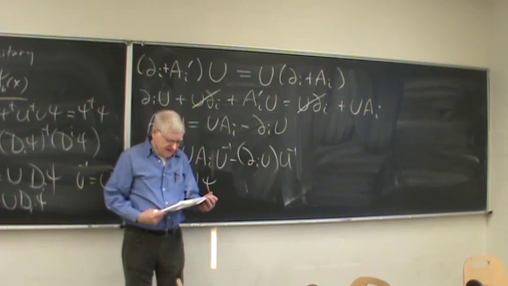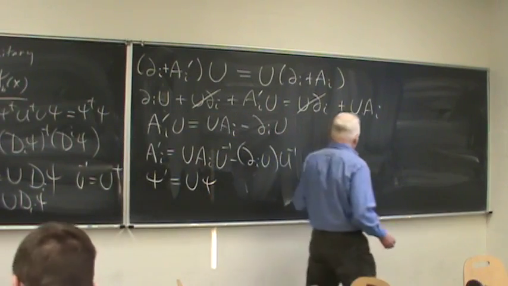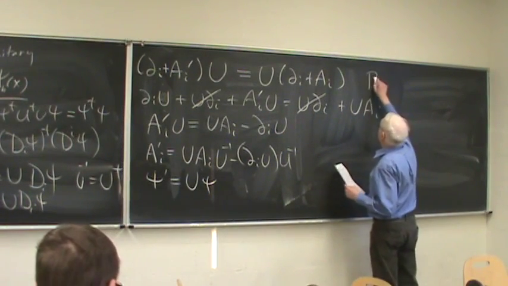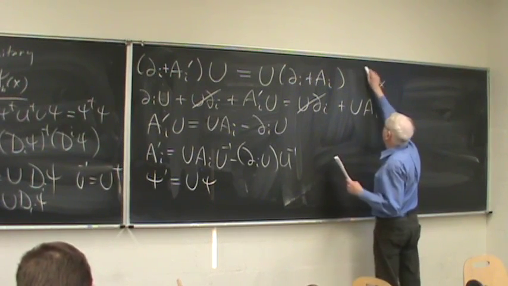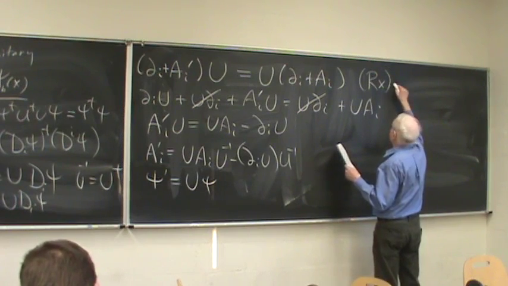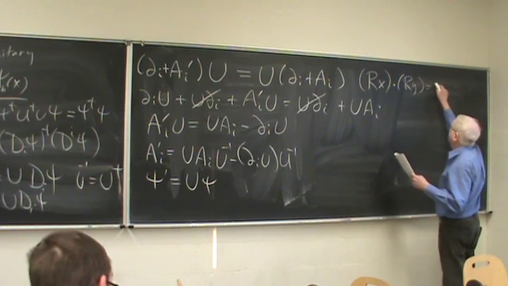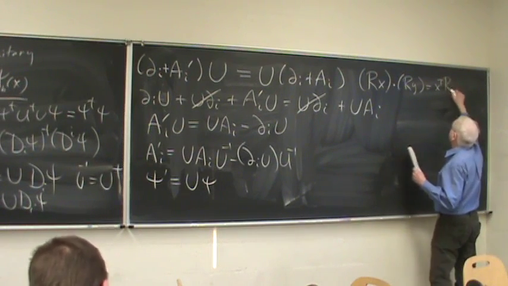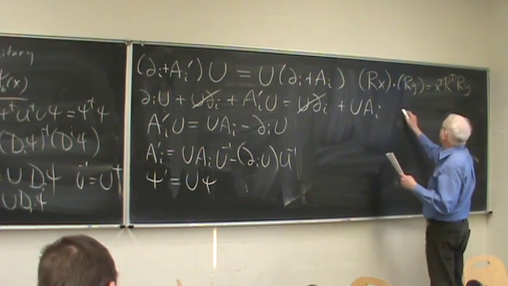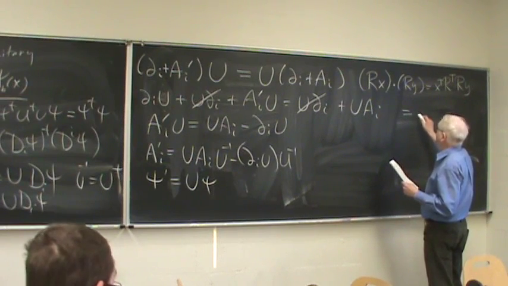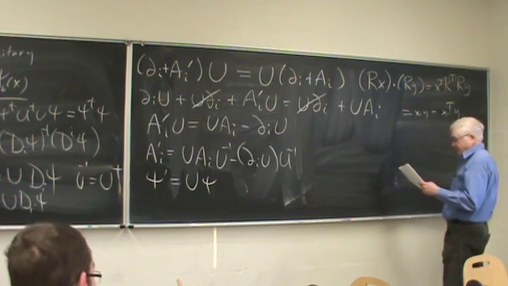Okay, let's look at the rotation group a little bit, and the Lie algebra of the rotation group. Basically, the rotation group is some matrix R on, let us say, a 3-vector X, dotted into R on some other 3-vector Y. We can rewrite that as X transpose R transpose RY, and we can say that we want this to be the same as X dot Y, which is X transpose Y in another notation.